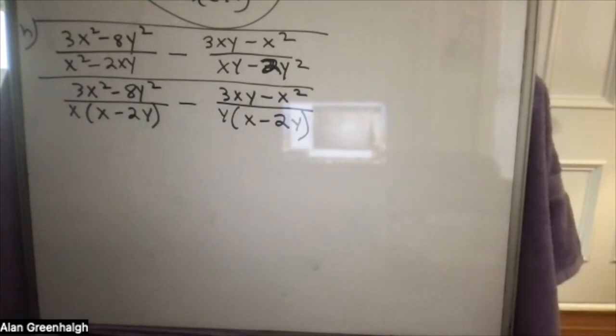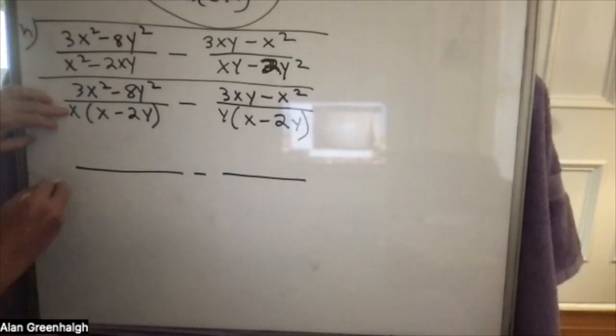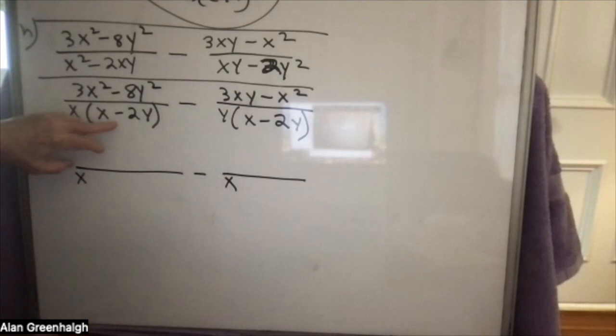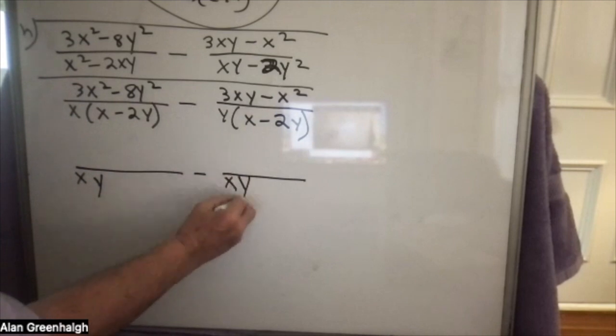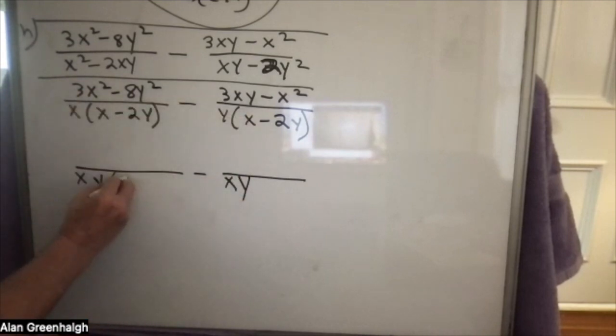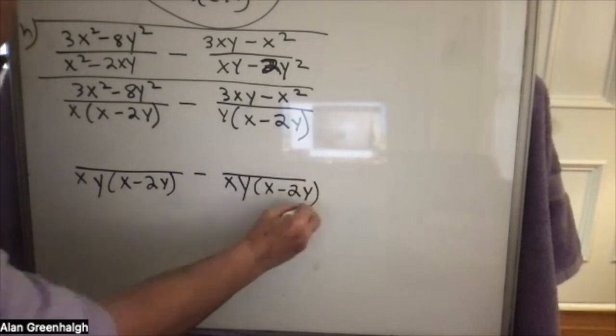Okay, good. Now the least common denominator is going to have an x. It's going to have a y. And it's going to have an x minus 2y. And there it is.